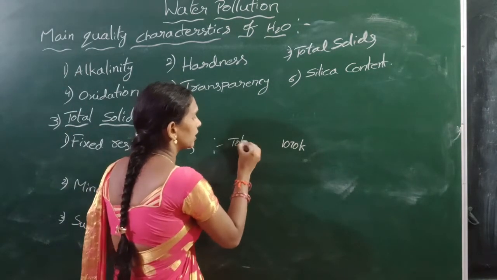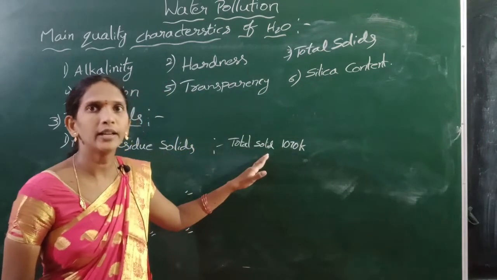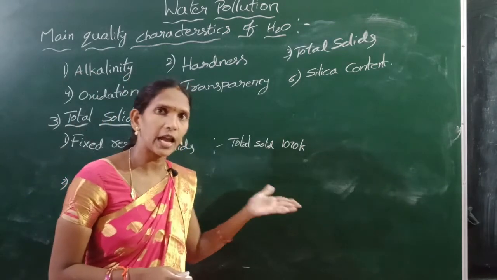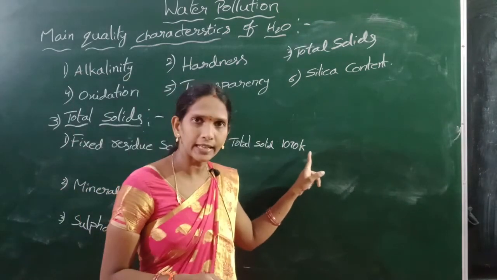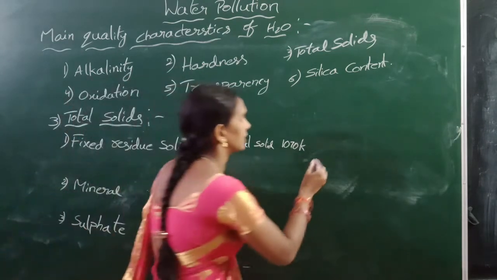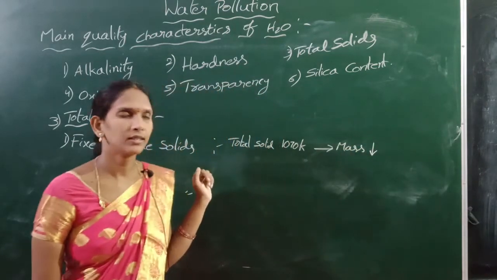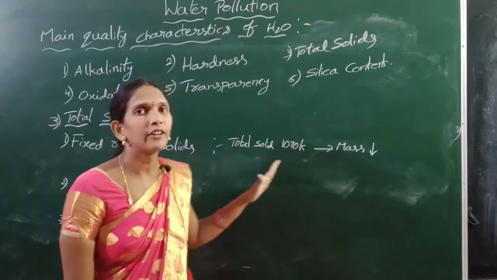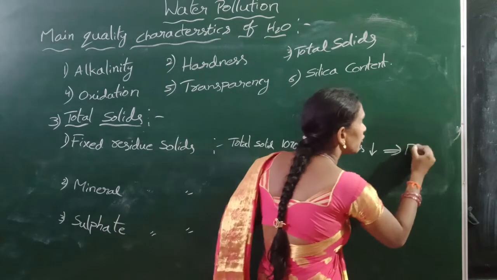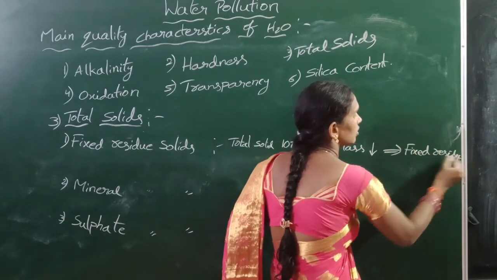That means the amount of total solid present in natural water can be determined by heating several times at 1070 Kelvin temperature. Then the mass decreases, as a result of the formation of fixed residue solid.